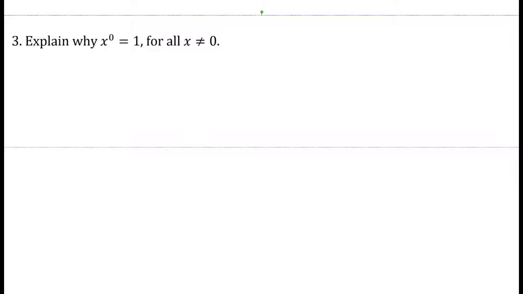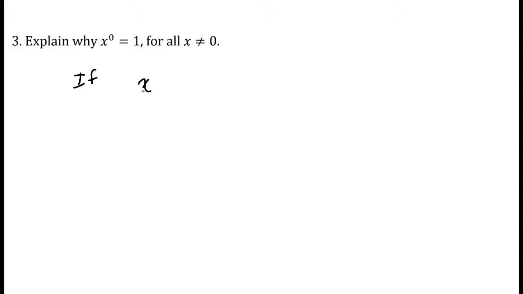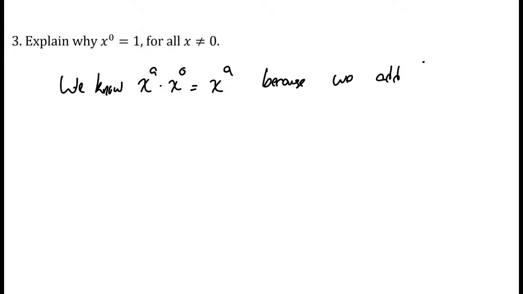Number 3, explain why x to the 0 equals 1 for all values of x not equal to 0. So, if x to the a times x to the 0, I'm going to say we know x to some power times x to the 0 should give us x to some power because we add the exponents when multiplying with the same base.